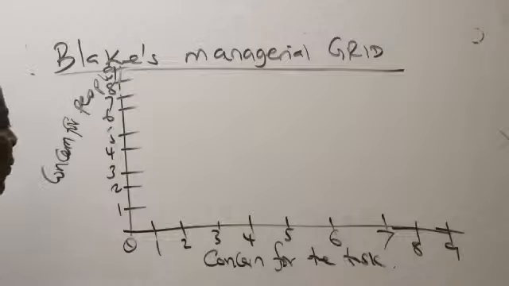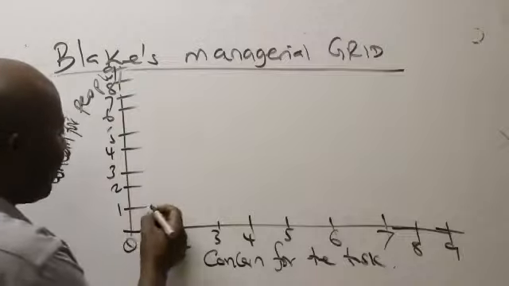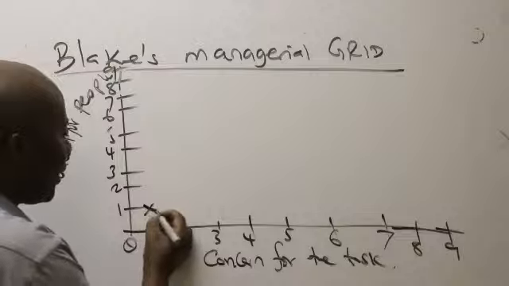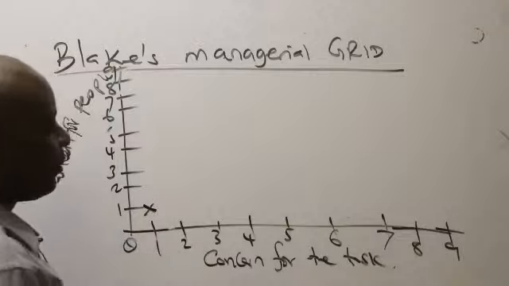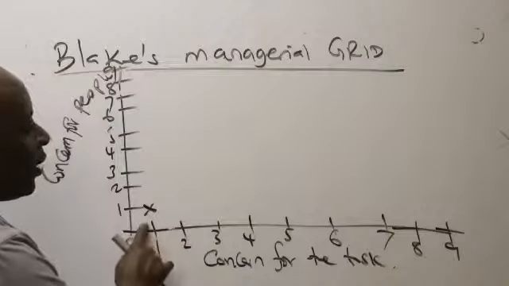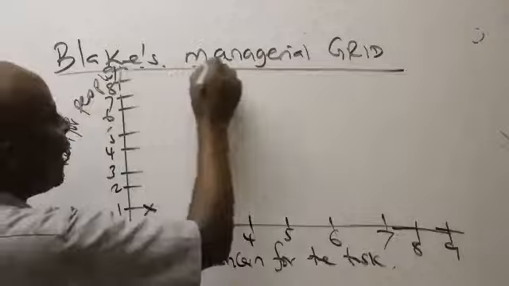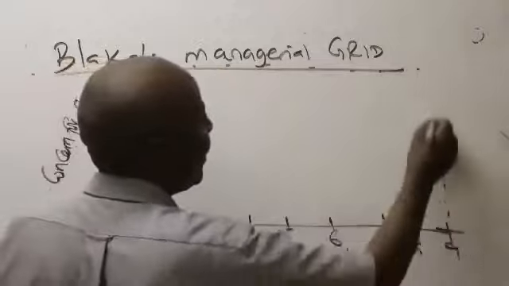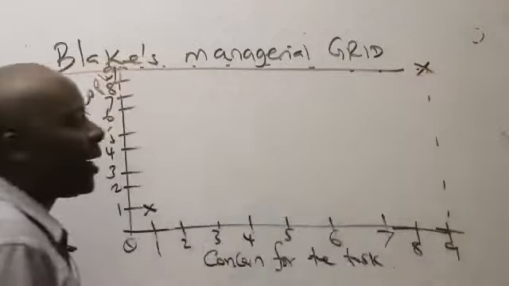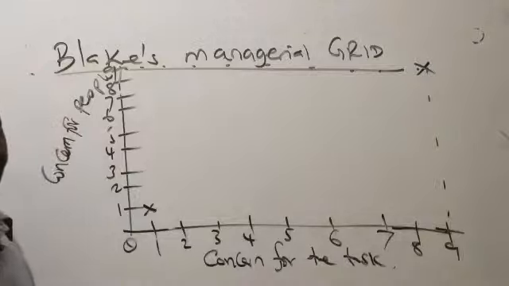So of course we'll be having various managers, like now we have this manager who operates at this particular point. We have another manager, for example, who is at 9, 9. Please let me know whether you guys have been able to write up to here.